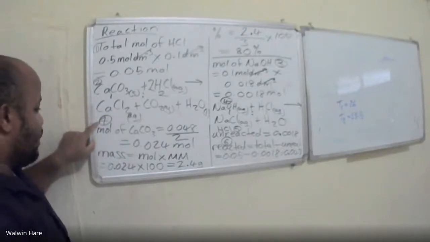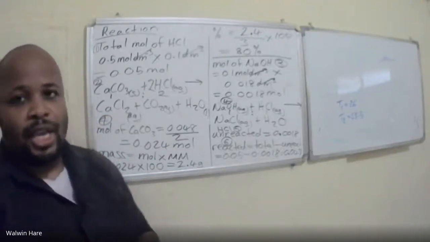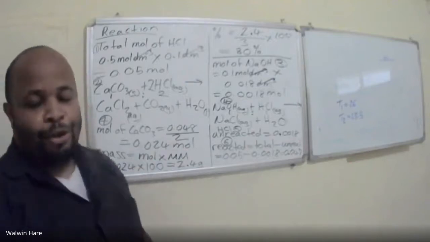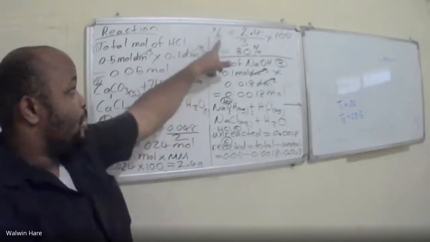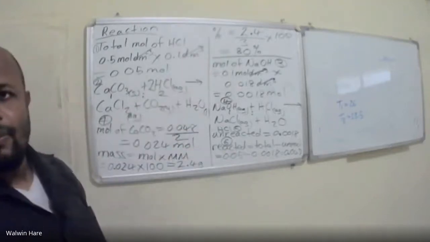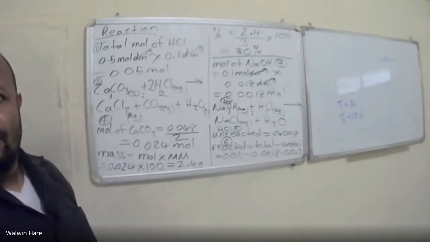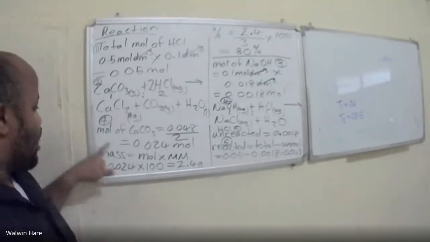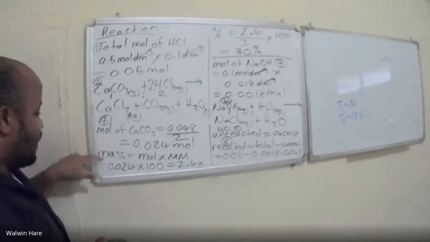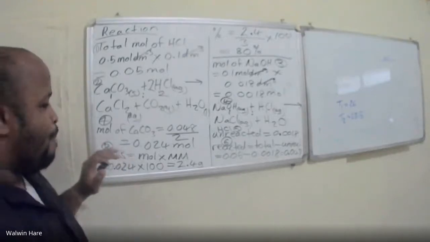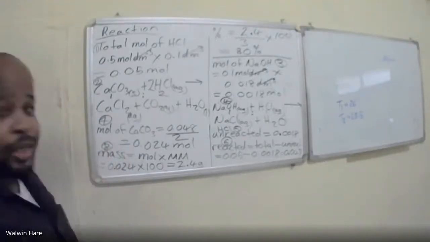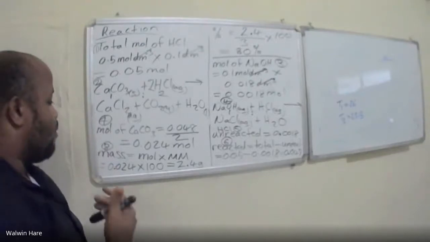That is step 7. Now, in the question, if you were asked to find molar concentration instead of percentage, for step 8 you would have written molar concentration is equal to moles over volume.